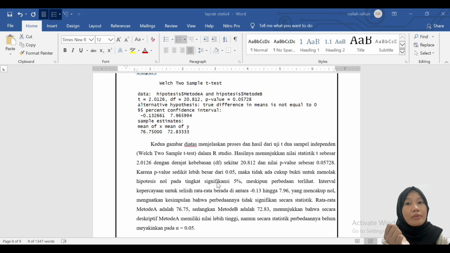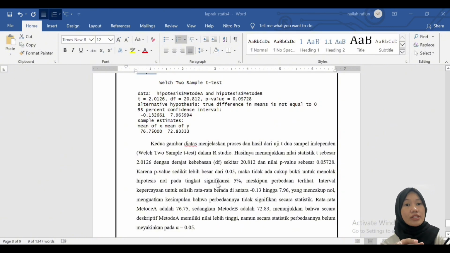The mean of method A is 76.75, while method B is 72.83. Indicating that descriptively method A has a higher value, but statistically the difference is inconclusive at alpha of 0.05.